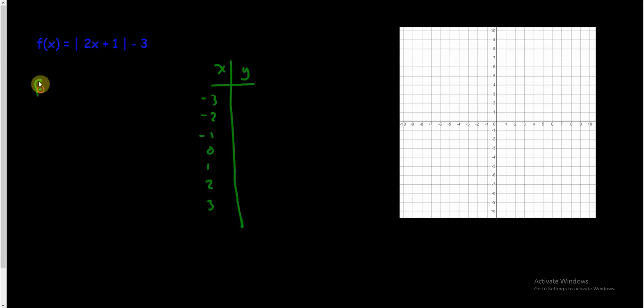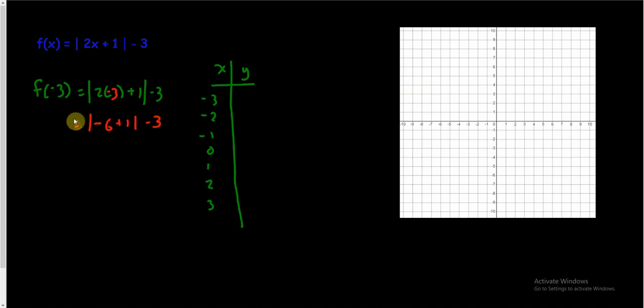So let's start with f of -3. I know the shape because it's an absolute value, and there's no squares or anything else messing it up. So knowing the shape gives me an advantage. So let's see what -3 gives us. That's -6 plus 1.